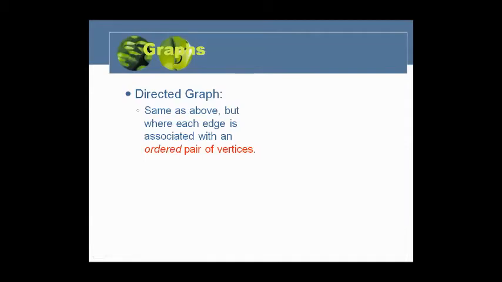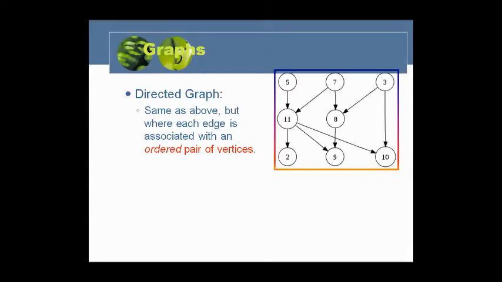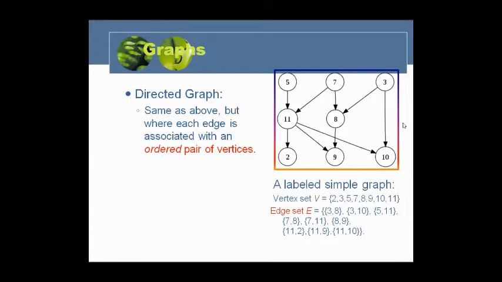In a directed graph, same as before, each edge is associated with an ordered pair of vertices. So this is the directed graph, wherein there is an arrow pointing to the next direction. A labeled simple graph has vertex set V equal to 2, 3, 5, 7, 8, 9, 10, 11.